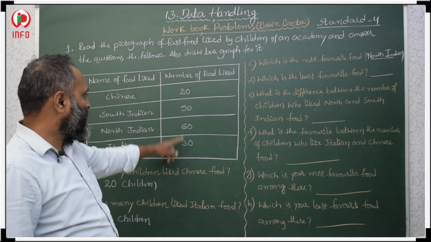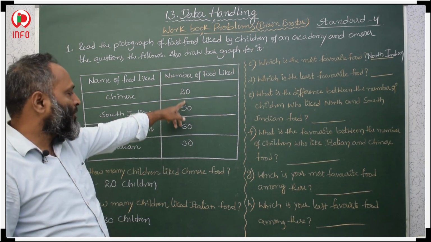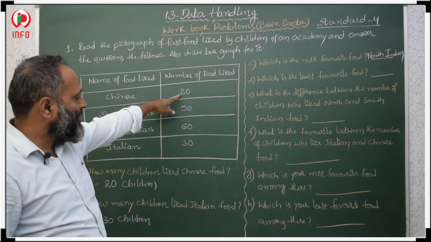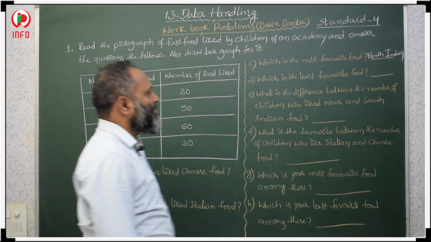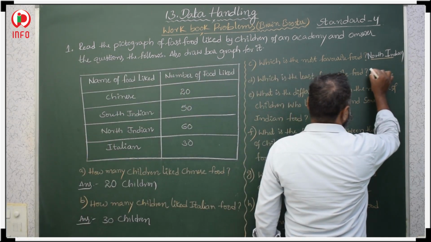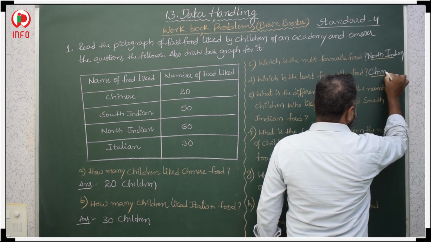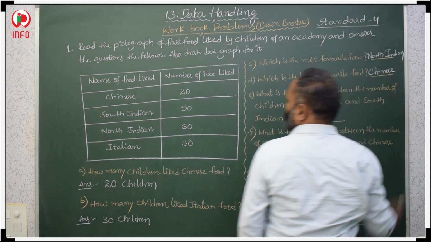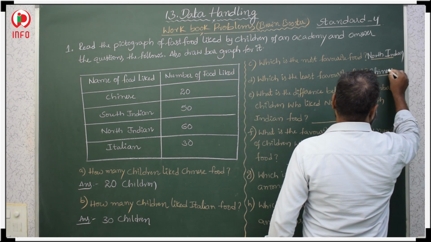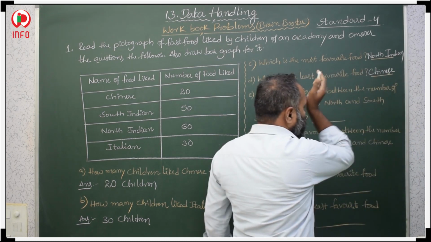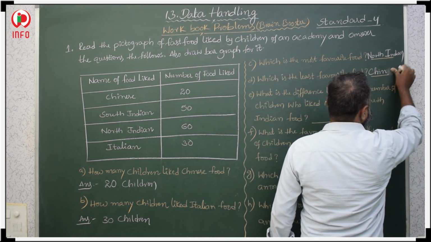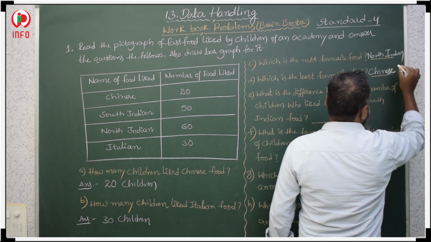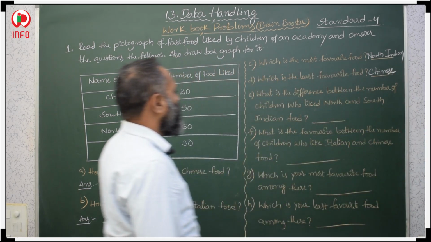Least means the smallest number, that is 20, which means Chinese. Chinese food is the least they liked.